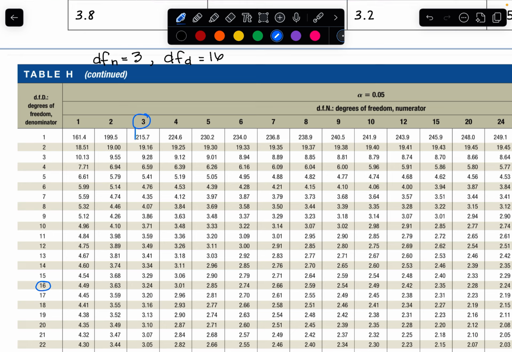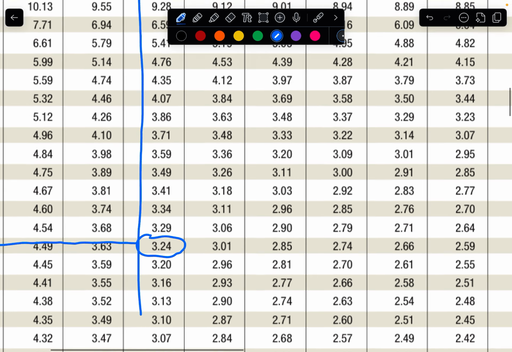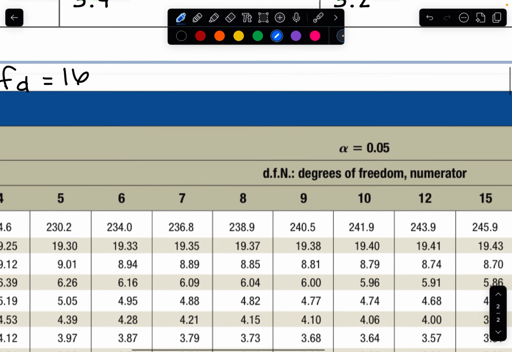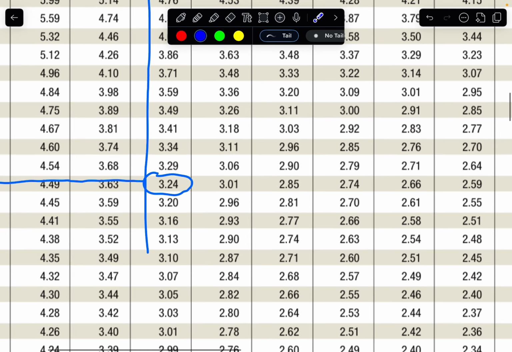So 3 is going to take me this way. 16 is going to take me this way. And I cross right here. So the F value for degrees of freedom 3 and 16 for a level of significance of 0.05 is 3.24.